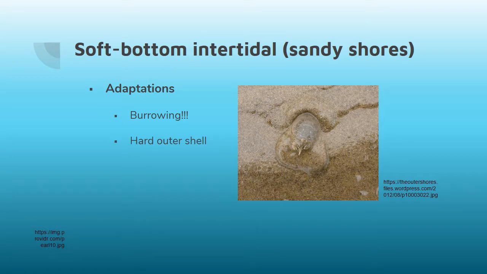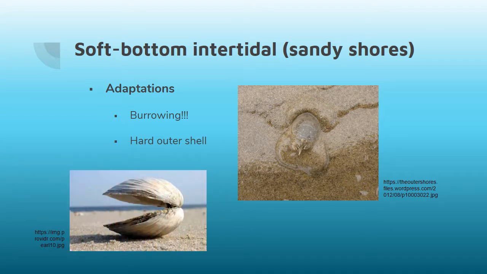And also we see with clams, there's a hard outer shell, which also helps them to avoid predation and can help with water loss. And here you can see from the side a clam that's pretty thick and it has that really hard calcified outer shell.